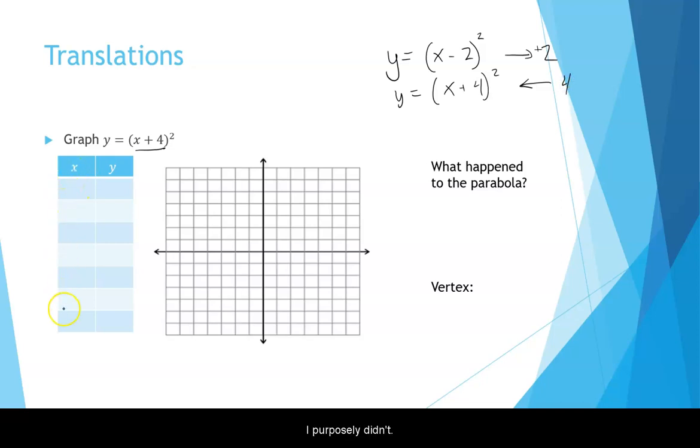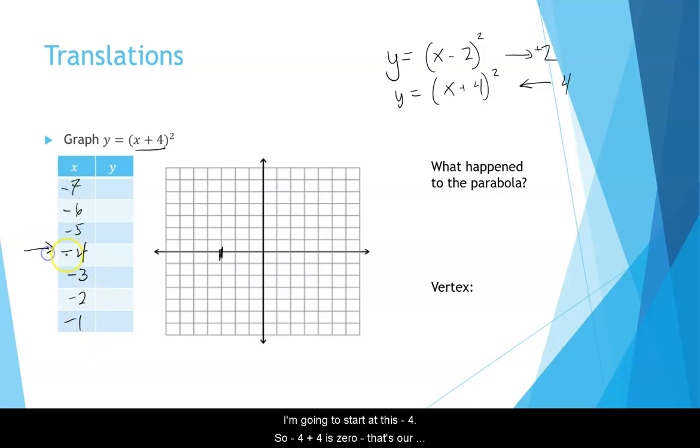I purposefully didn't fill our table because I wanted to hit on either side of this negative 4. So I'm going to guess that negative 4 is right in the middle there. And then I'll plug in negative 3, negative 2, negative 1, negative 5, negative 6, negative 7.